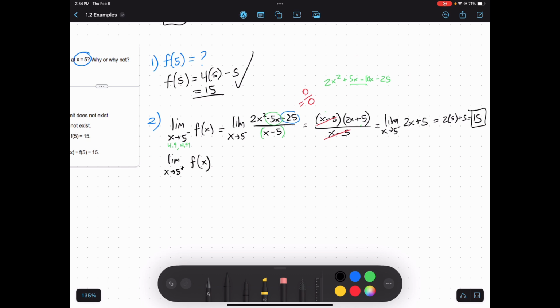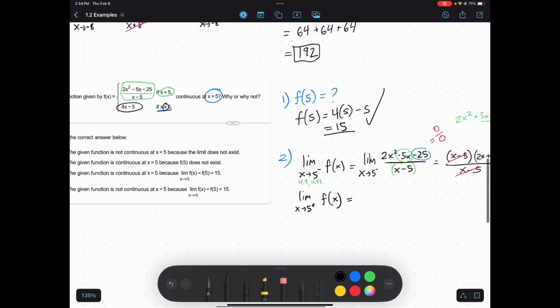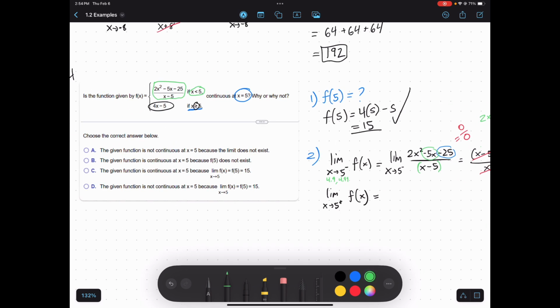Now we got to check the limit from the right direction. Well, if I'm coming from the right direction, that means I'm coming from numbers slightly bigger than 5, like 5.1 and 5.01. If I'm coming from numbers bigger than 5, which rule do I use? I use the bottom rule.